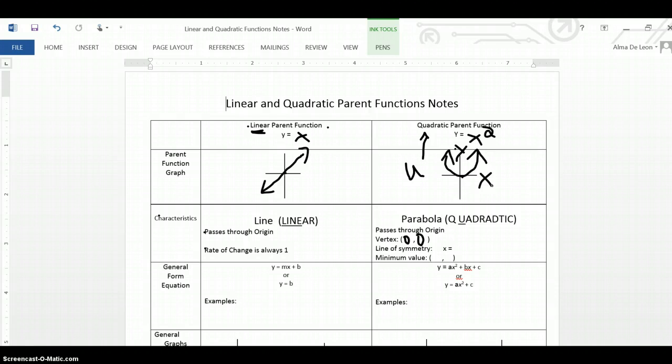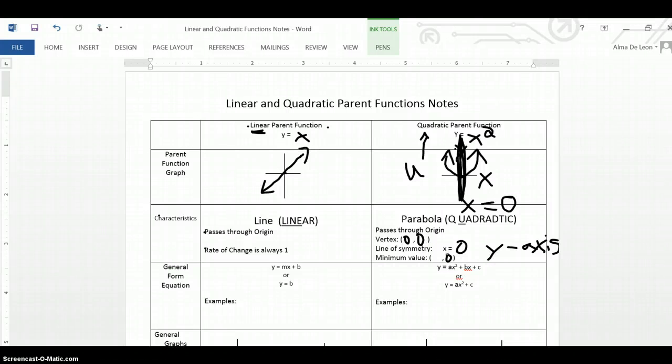And to get this line, we would have to use the equation x equals 0. So the line of symmetry is x equals 0. It is on the y-axis. Its minimum value, it's also its vertex, it's also the origin. Its minimum value is 0, 0.